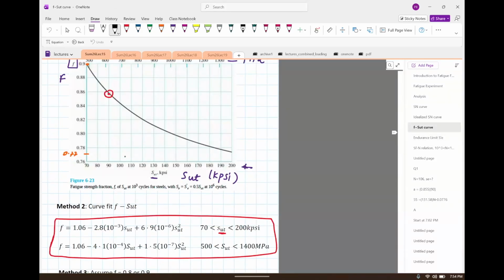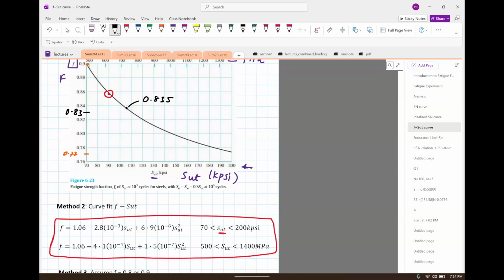So we go here and 105. It's something above 0.83 but less than 0.84. I would just put it between, how about just using 0.835? Because this is 0.83 and that's 0.84, so 0.835.